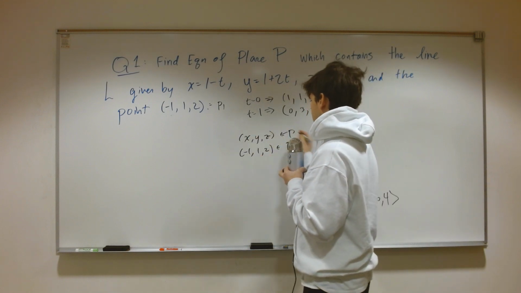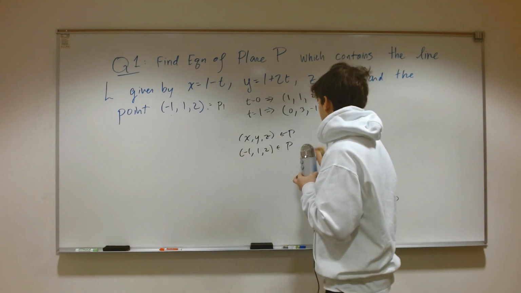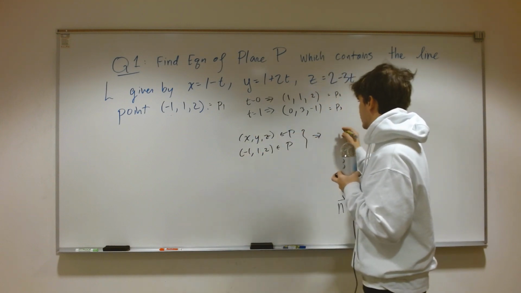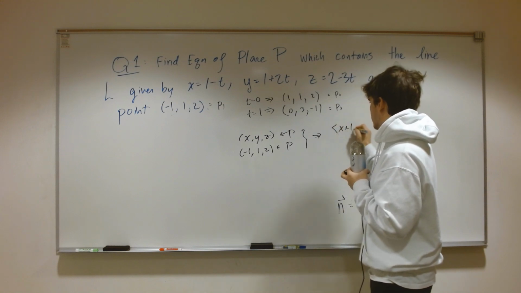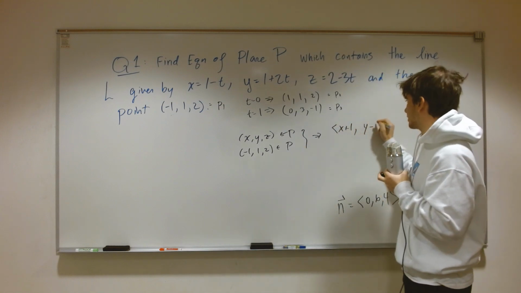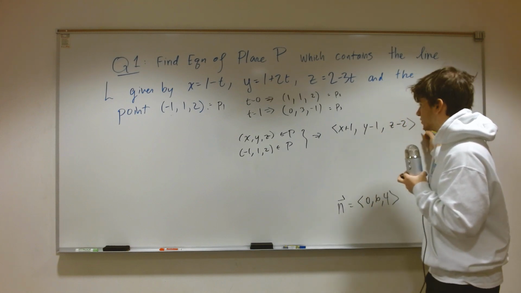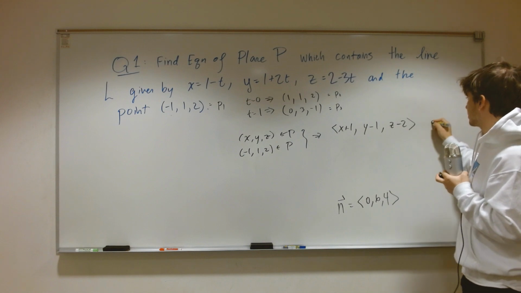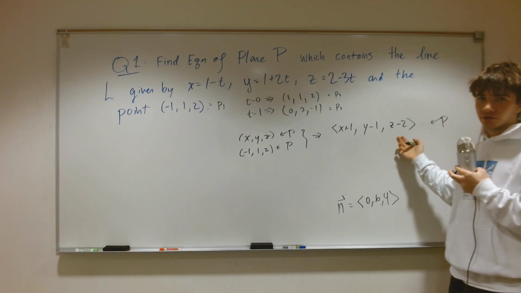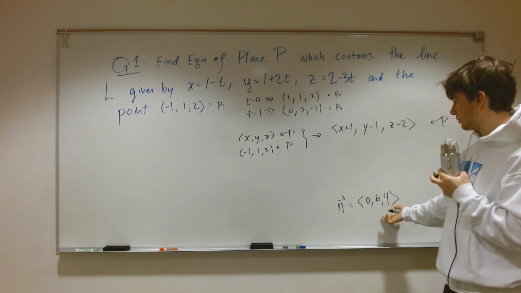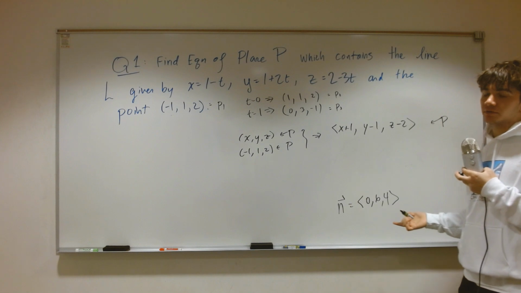So I'm going to subtract this point from our arbitrary point, okay? So I'm going to get that x plus 1, y minus 1, and z minus 2 is a vector within the plane. All right, and so now I have an arbitrary vector within the plane. I'm going to dot product it with my normal vector and set that dot product equal to 0, okay?